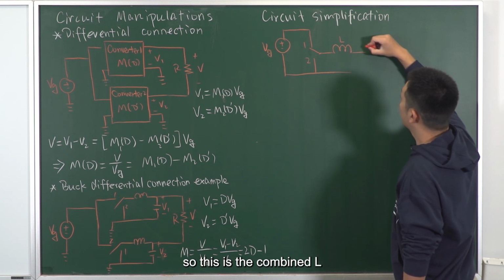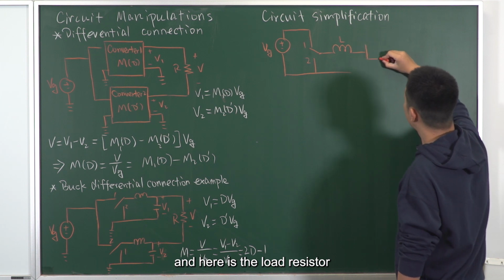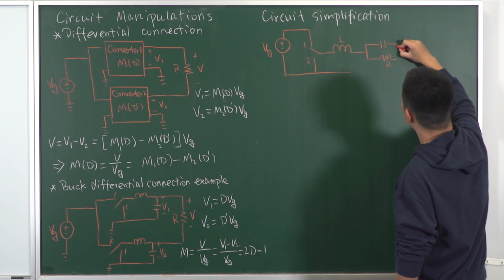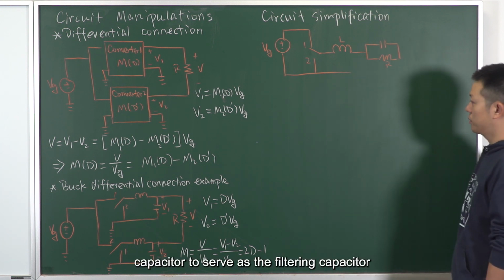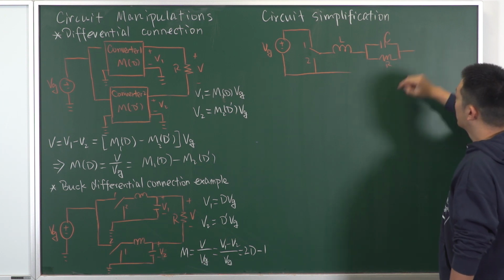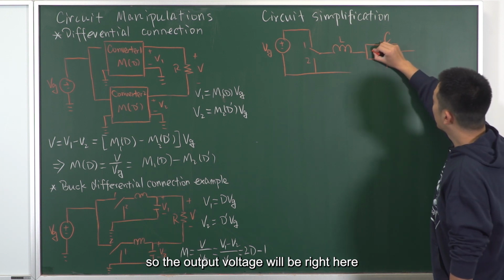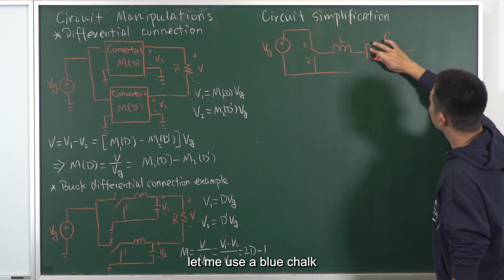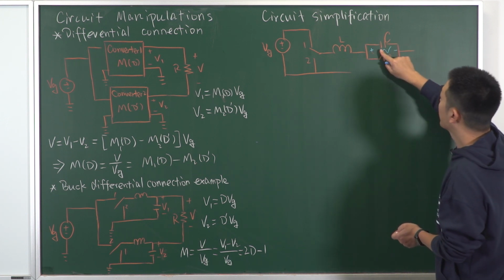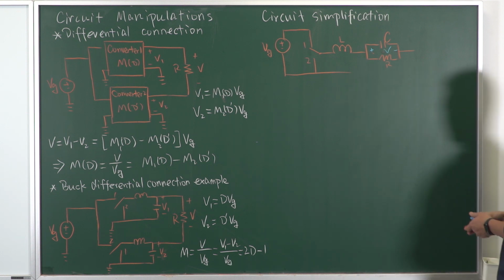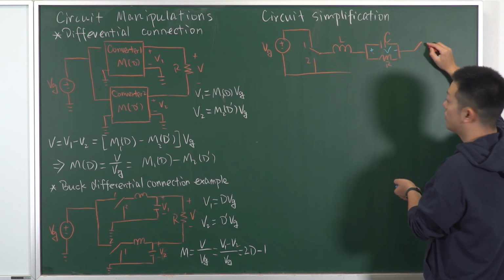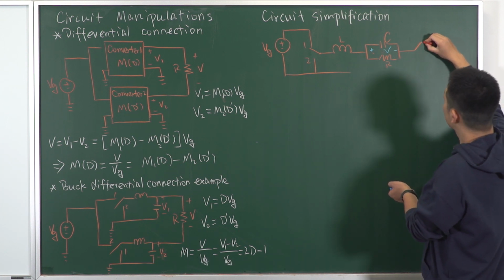So this is the combined L. And here is the load resistor. And we put a capacitor to serve as the filtering capacitor. So the output voltage will be right here. Let me use a blue chalk. This is the output voltage. And to the right-hand side, we have a similar switch network.